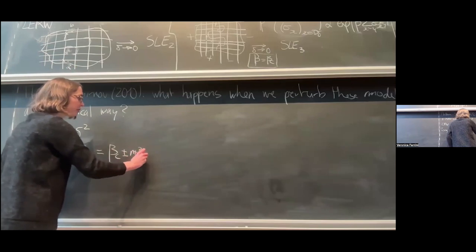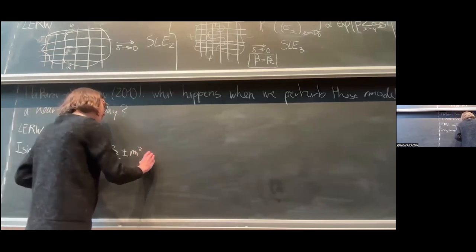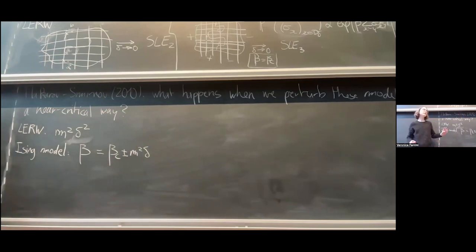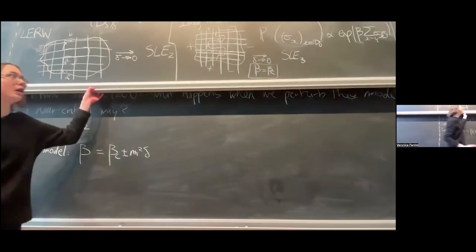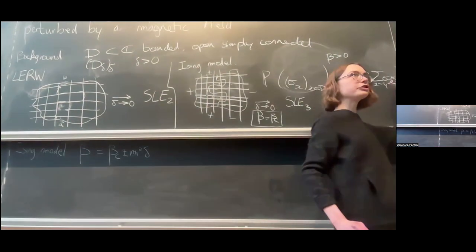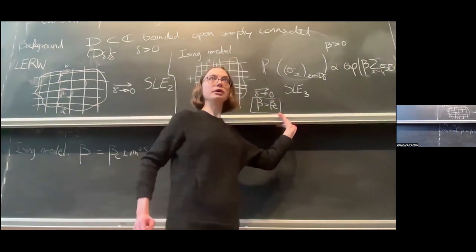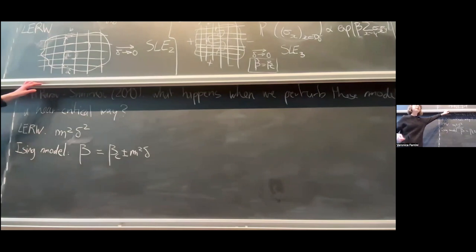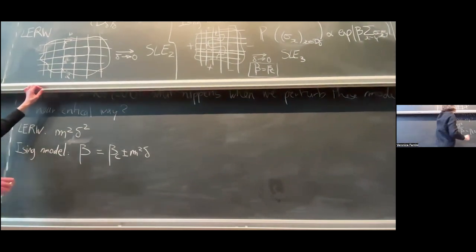And now the way you scale the perturbation is according to delta. For those who know about the Ising model, this is related to how the energy operator of the Ising model scales at criticality.